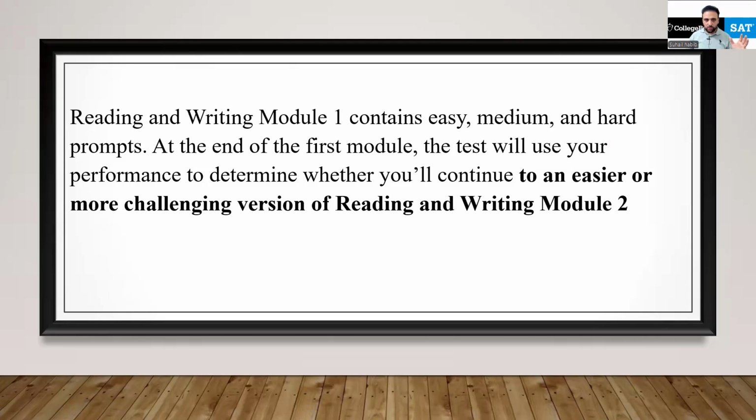So if I do well in Module 1, that means that I will get a number of challenging questions in Module 2, and vice versa. If I don't do very well in Module 1, this means the questions in Module 2 will be easier. This is the beauty of it, because some students struggle, so it's fair when you get questions of a certain difficulty based on your performance.